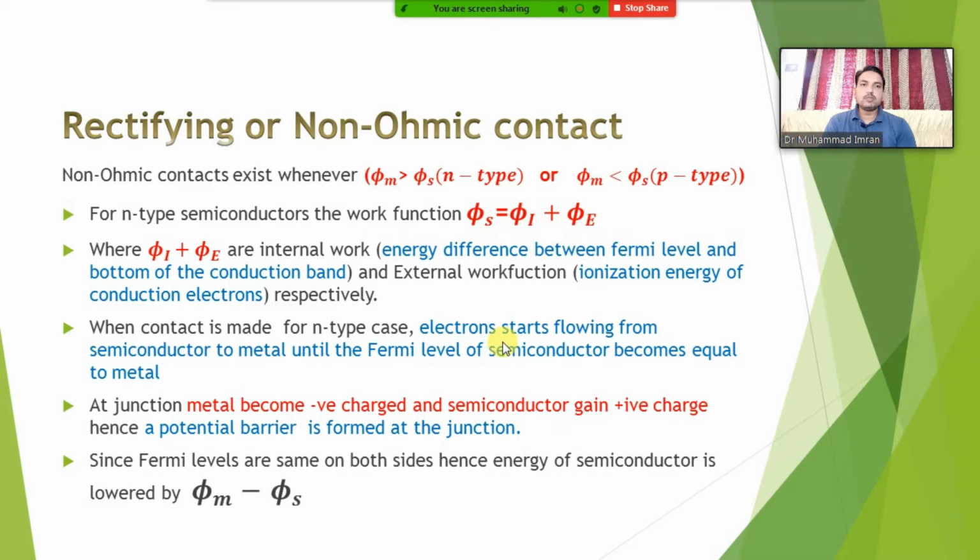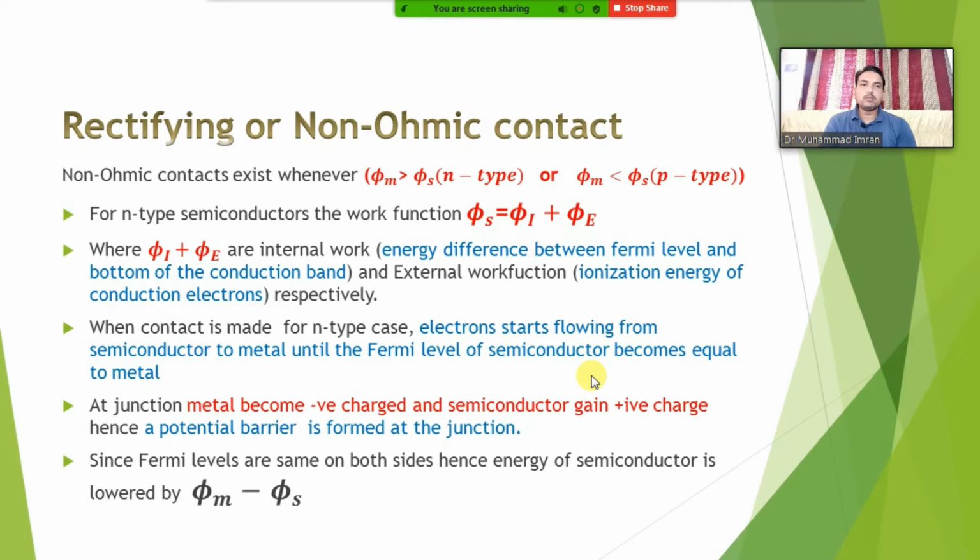One thing to keep in mind is that metals are good conductors. So compared to the semiconductor, there is no significant change in the Fermi level of the metal. However, there is a significant change in the Fermi level of the semiconductor. The Fermi level of the semiconductor decreases while the Fermi level of the metal remains at its original position.